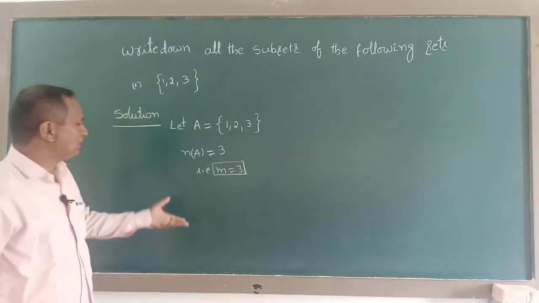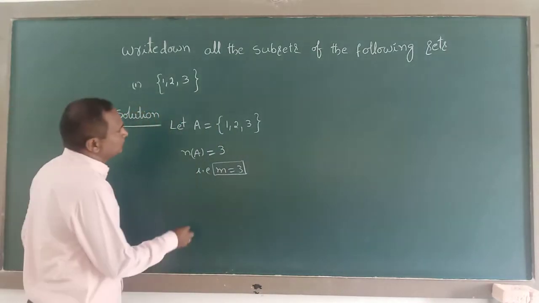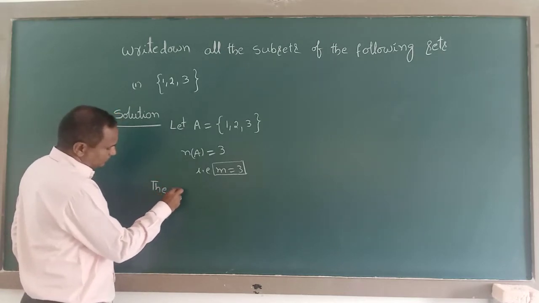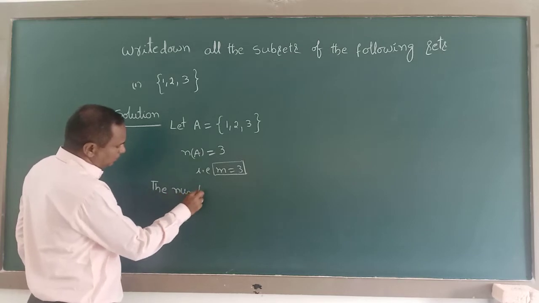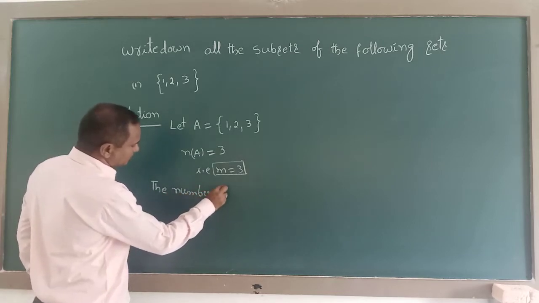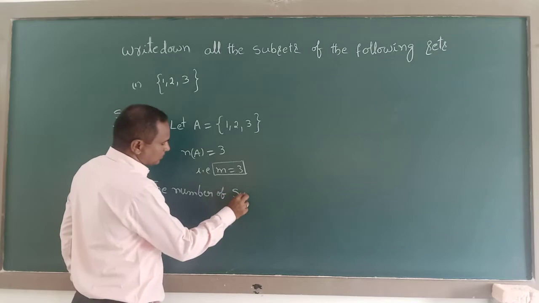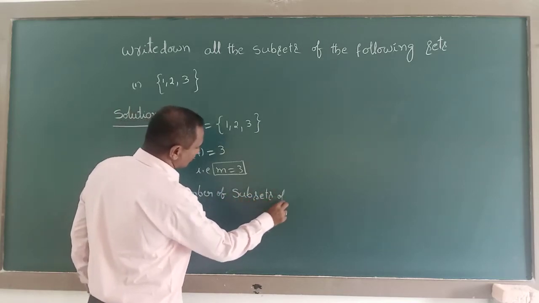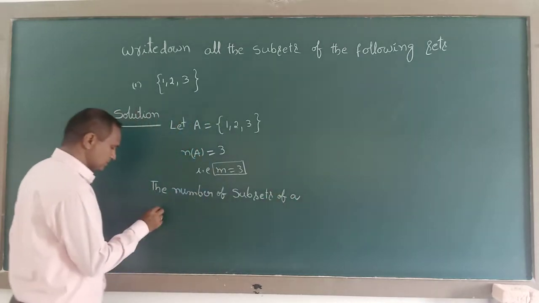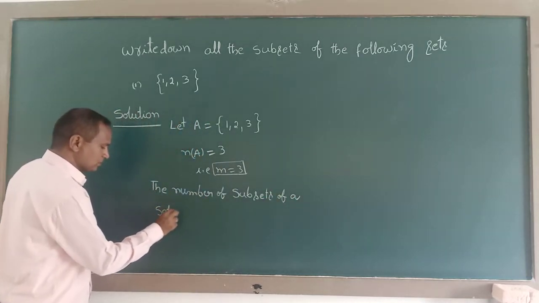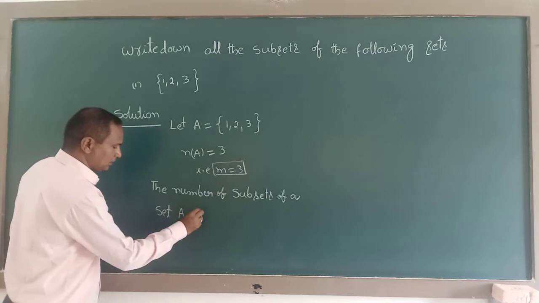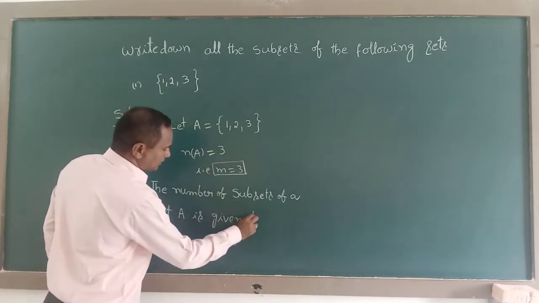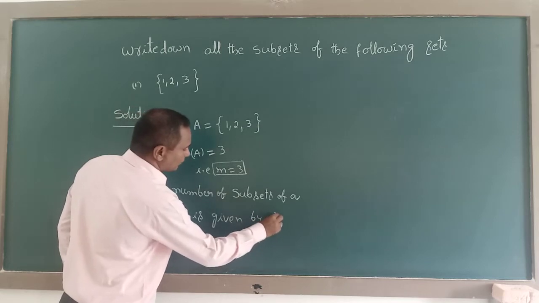I am going to write the formula here. The number of subsets of a set A is given by 2 to the power of m.